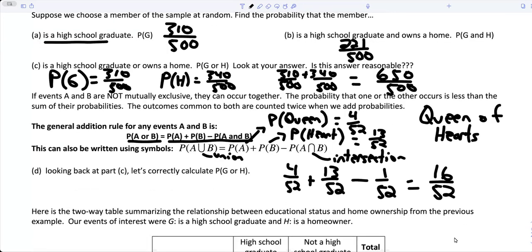Looking back at part C, correctly calculate the probability of G or H. Go, do that for me.